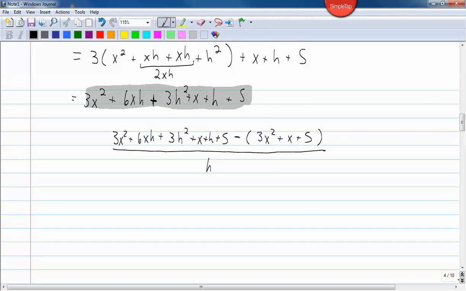When you get to this step, it's important that you don't try to do something like this. Don't try to cancel that out, because that doesn't work. You can't cancel things out like that. Alright, you can't just cancel it out unless there's a product up top. Okay? The next thing we want to do is distribute this negative.